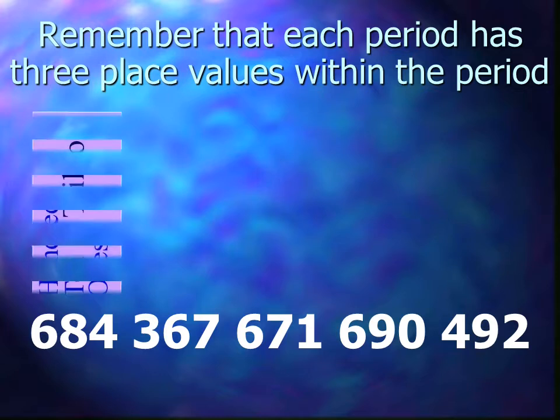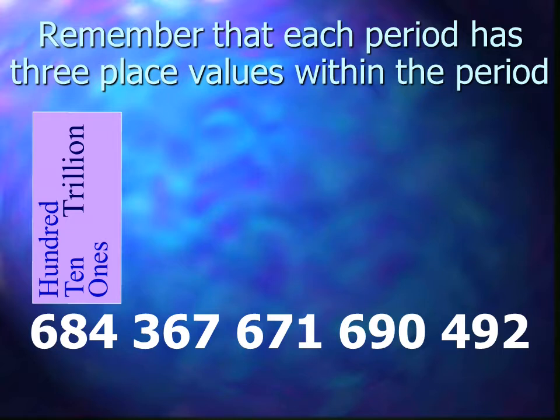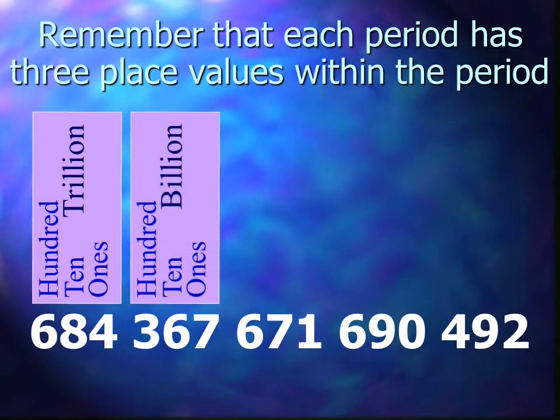For example, in the trillions, we have 600, 8 tens, and 4 ones, making 684 trillion. Here, we have 300 billion, 60 billion, 7 billion, for 367 billion.